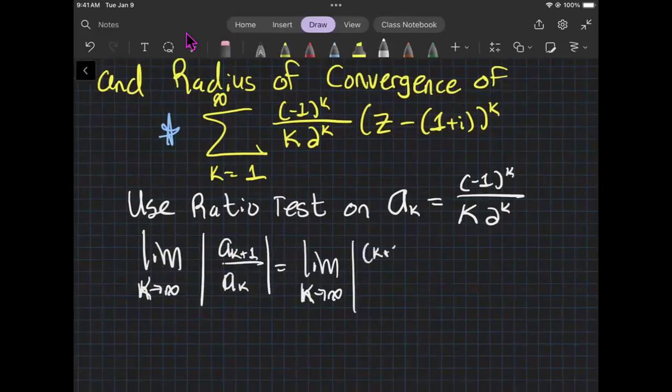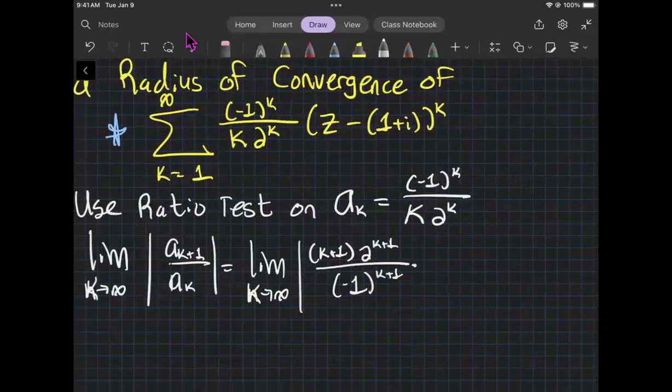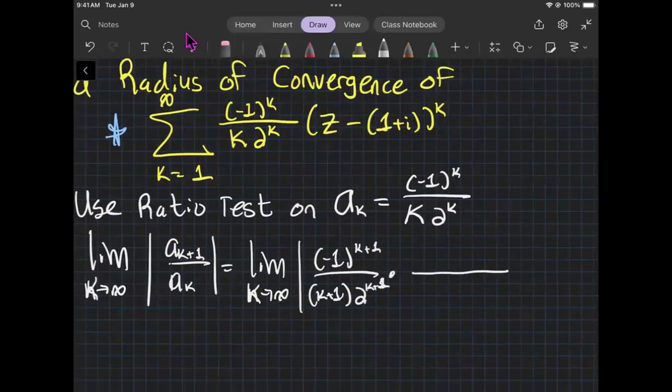Oops, it's the reciprocal of the a sub k term. So you're multiplying a sub k plus 1 by the reciprocal of the a sub k term. So -1 to the k plus 1 over k plus 1 times 2 to the k plus 1, times k times 2 to the k divided by -1 to the k power.